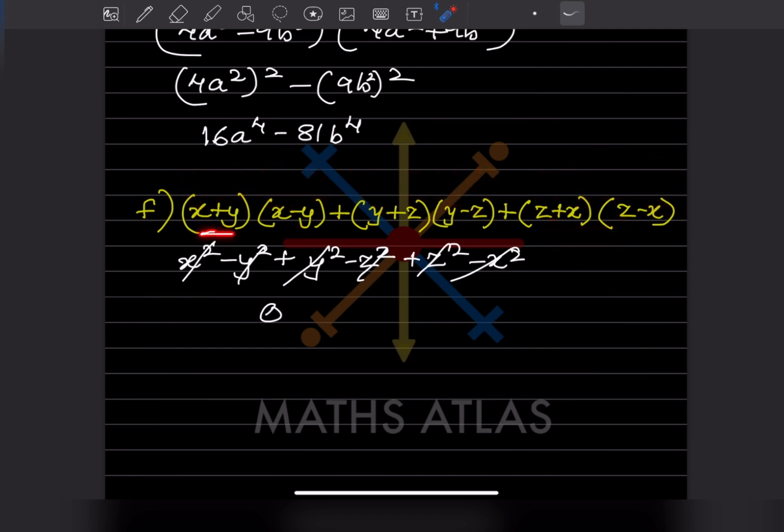So what will be here? x square minus y square. Here, because we have y and z, that will be y square minus z square, and here we have z and x, so we can write here z square minus x square. So here what will be that? Plus x square and this minus x square gets cancelled, minus y square and plus y square gets cancelled, minus z square and plus z square gets cancelled. So what remains is 0.